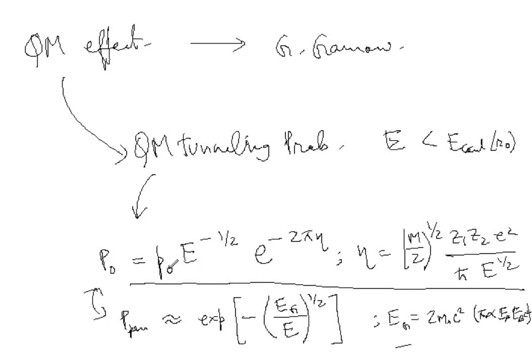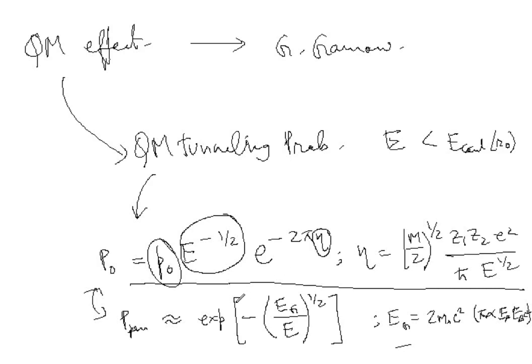This factor P0 depends only on the properties of the two colliding nuclei, and we have got an exponent here. So there are three things. One is this P0, another is the energy dependence, and another is this exponential term, not 2 pi, but rather this eta.